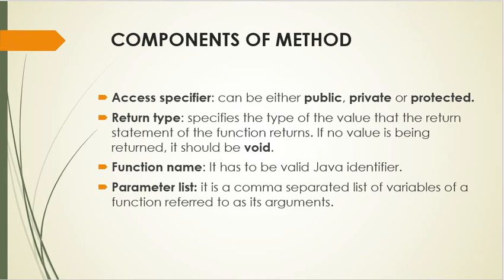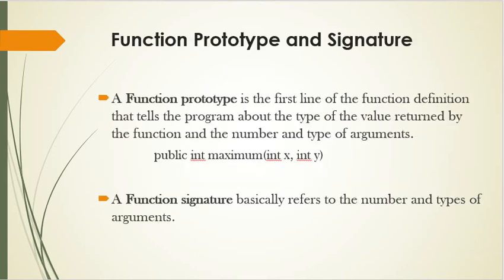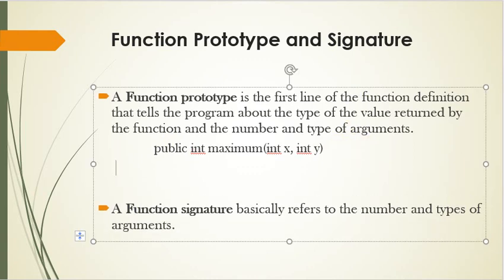Now we will learn about function prototype and function signature. If we look at the example, public int maximum int x int y, or say we write another example, public void accept.